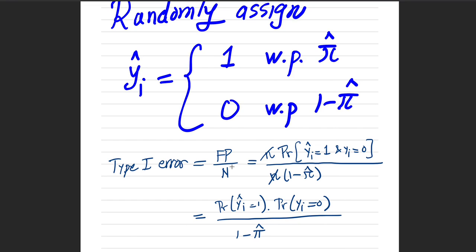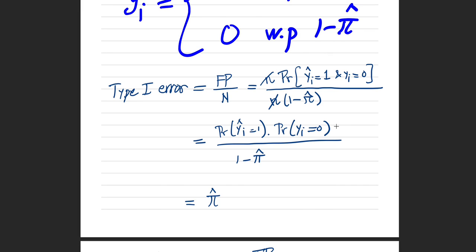Now the false positives is, roughly speaking, essentially the number of observations, predictions such that the true observation response is 0 while the predicted one is 1.